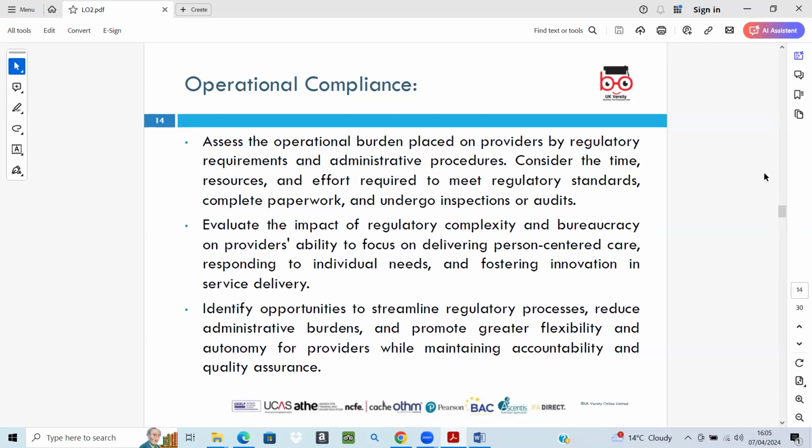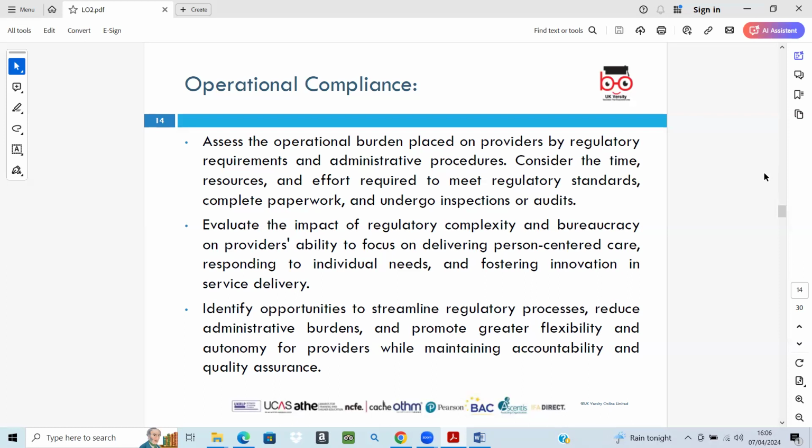Then we have the opportunities to streamline regulatory processes, and we need to identify areas where regulatory processes could be simplified. We do that to reduce the administrative burden on providers, considering the potential for consolidating requirements, simplifying reporting mechanisms, or adopting digital solutions, which we are all doing in the United Kingdom.